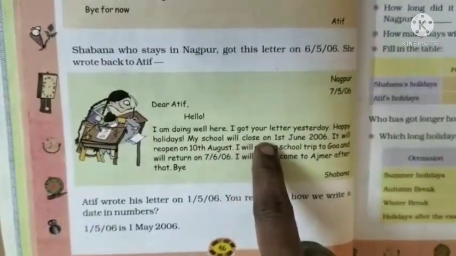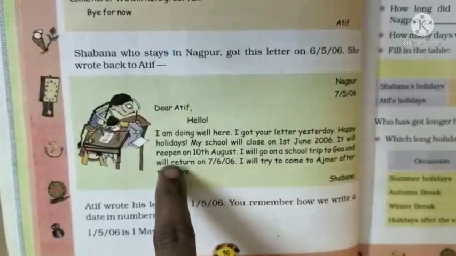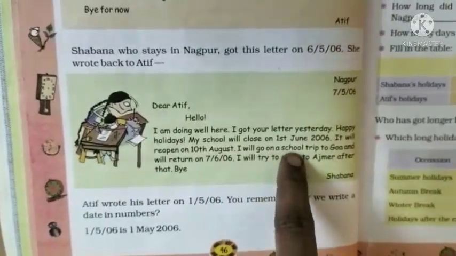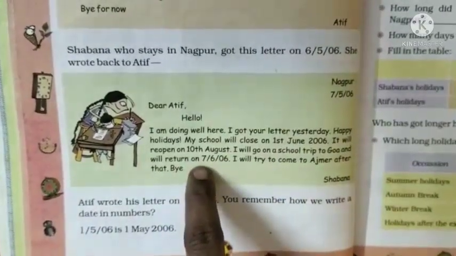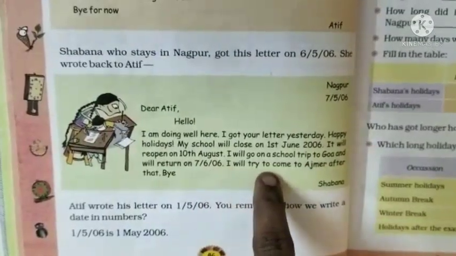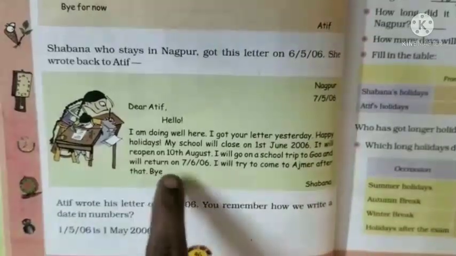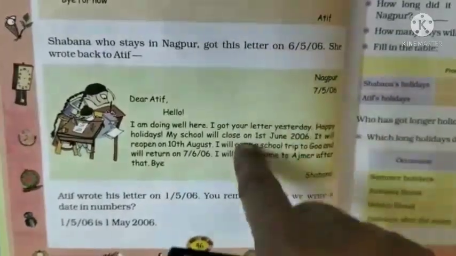My school will close on 1st June 2006. It will reopen on 10th August. I will go on a school trip to Goa and will return on 7th June 2006. I will try to come to Ajmer after that. Bye. Shabana.